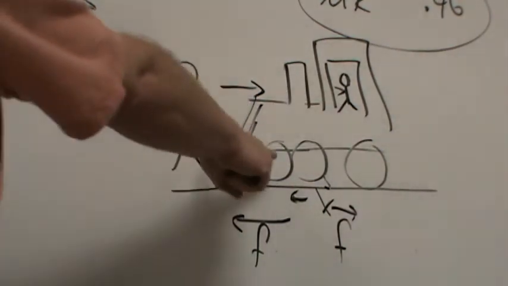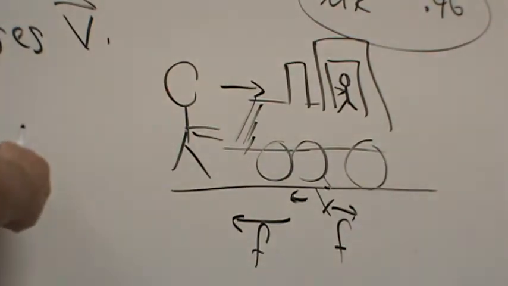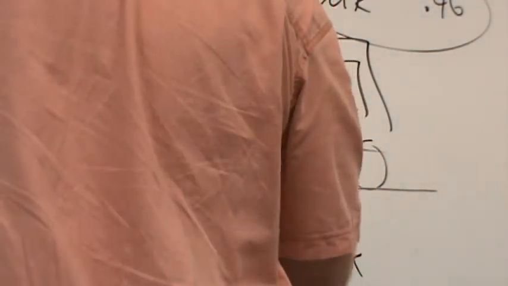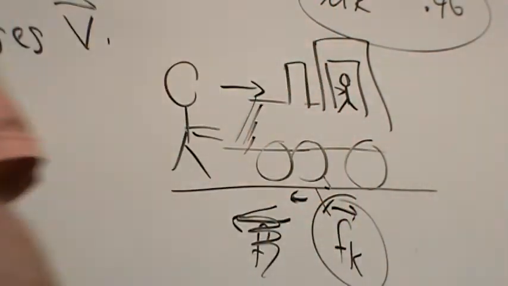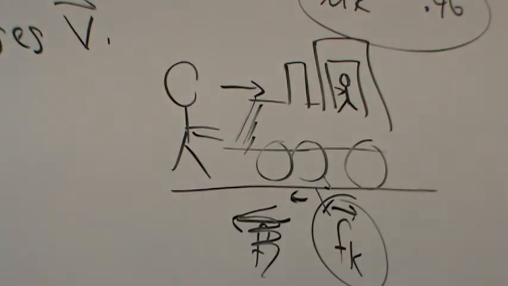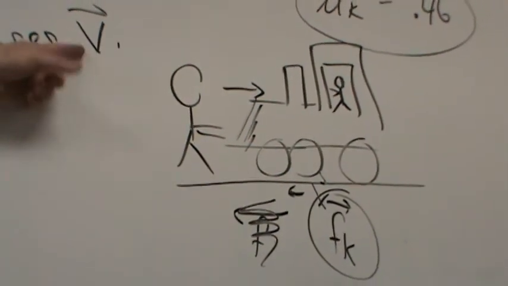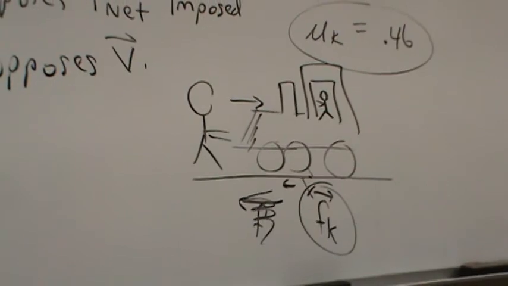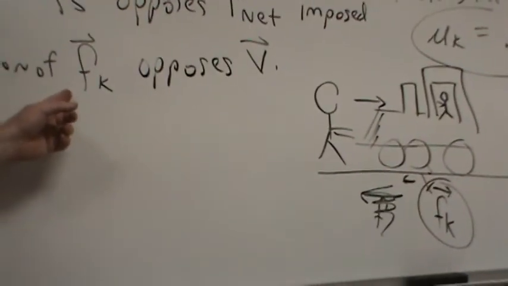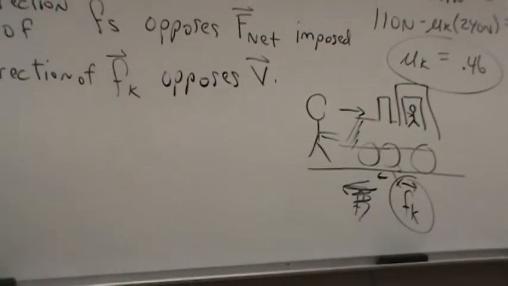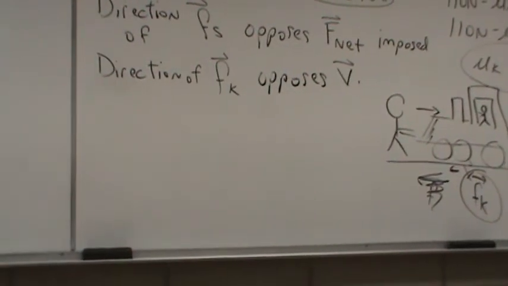If that train's moving to the left, then your kinetic friction force is going to oppose it. Always. Once something's in motion, we only care about the direction of motion. That's going to be what your kinetic friction force opposes, the direction of motion. Hope that makes sense. Here comes another problem.